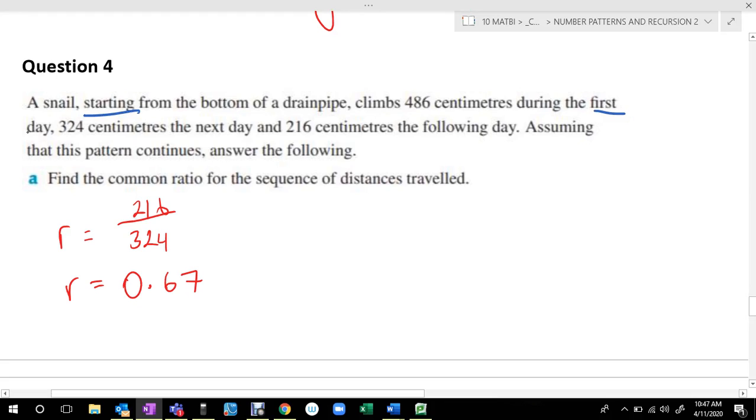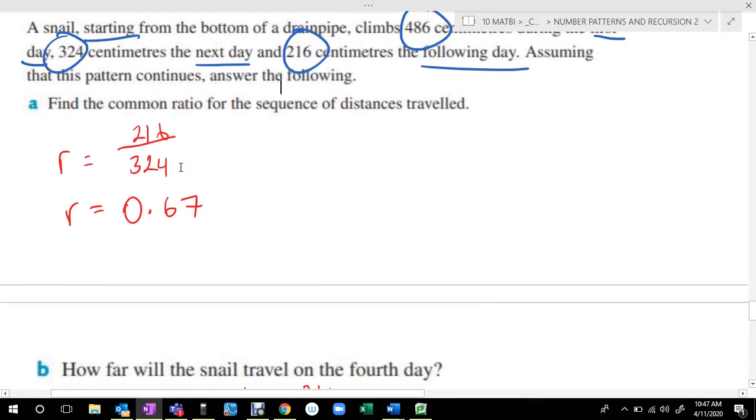Okay, you got to watch out for that. First day, it's 486. Second day or next day, it's 324, and then on the third day, following day, 216. Okay, so just understand here we're going to use the first term, second term, third term. Yes? Ratio, nice and easy, just any term divided by the previous.